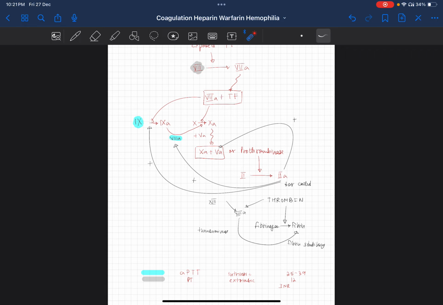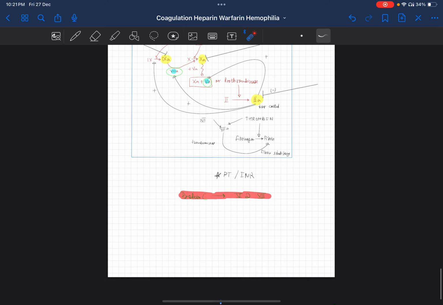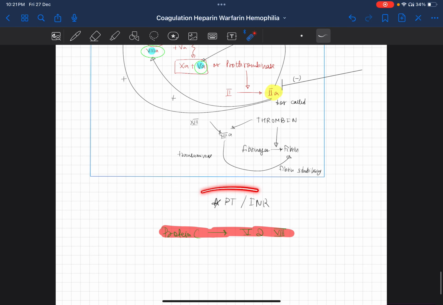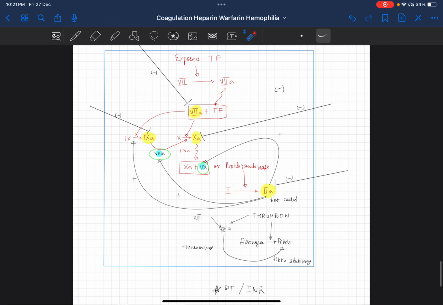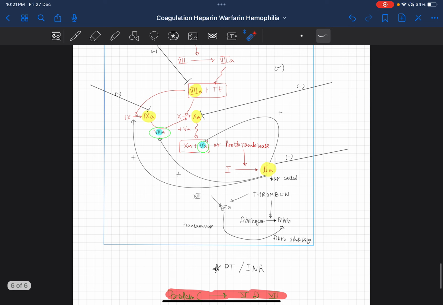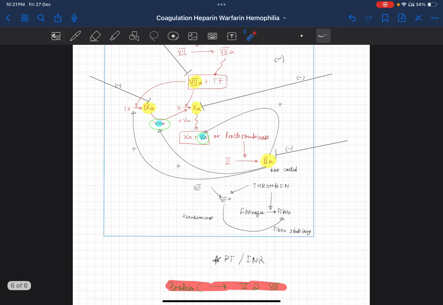In prothrombin time. So, for warfarin, you have to check prothrombin time or INR. If you want to see the definitions of prothrombin time and INR, you can go and consult a hematology textbook. Now, protein C was degrading 5 and 8. You can check that. Obviously, we have already discussed that.